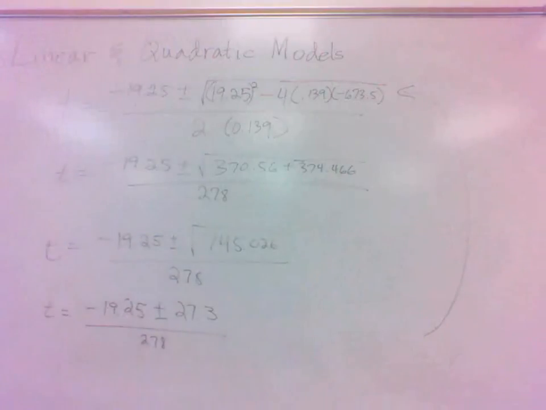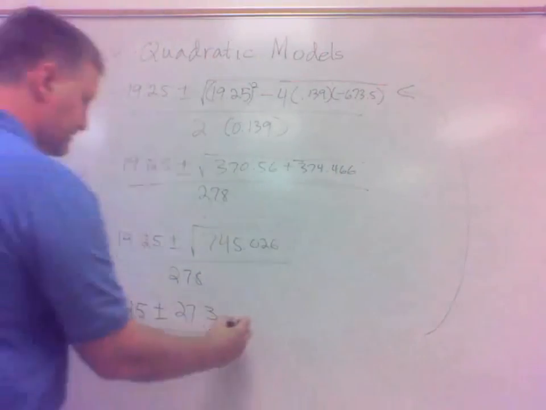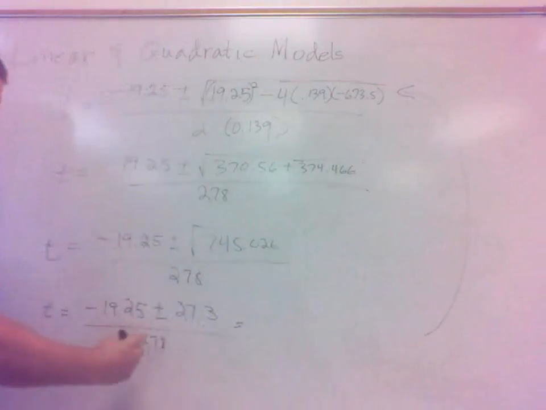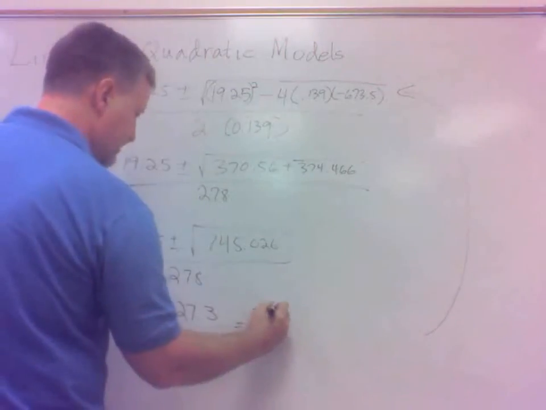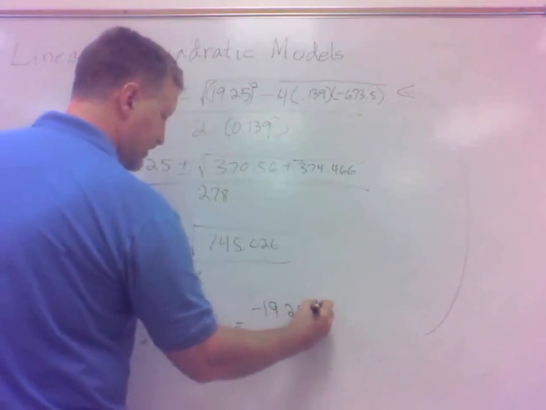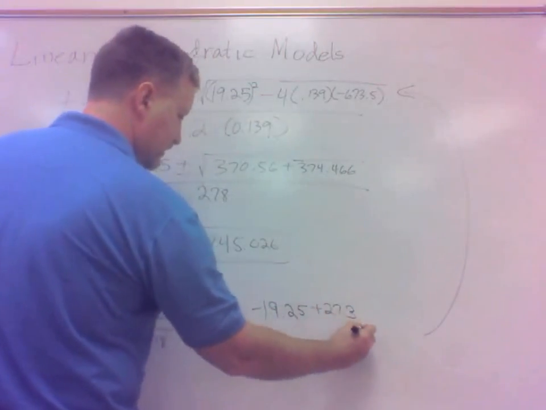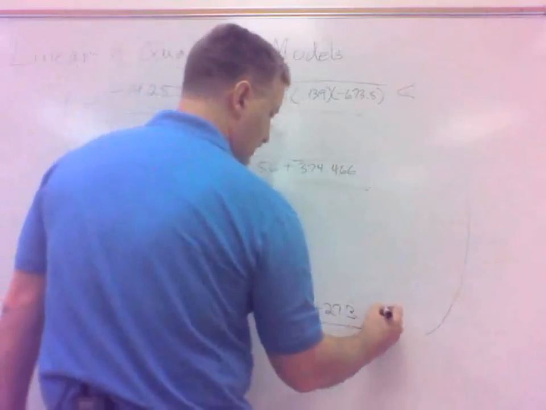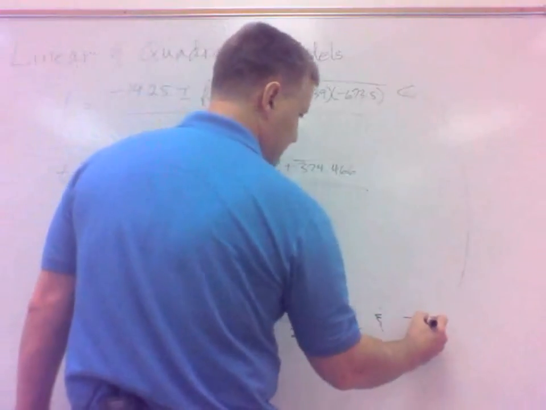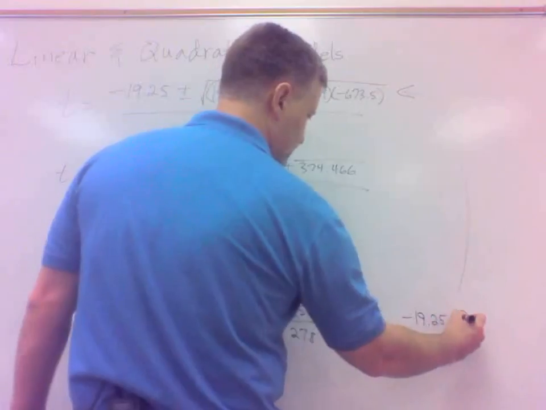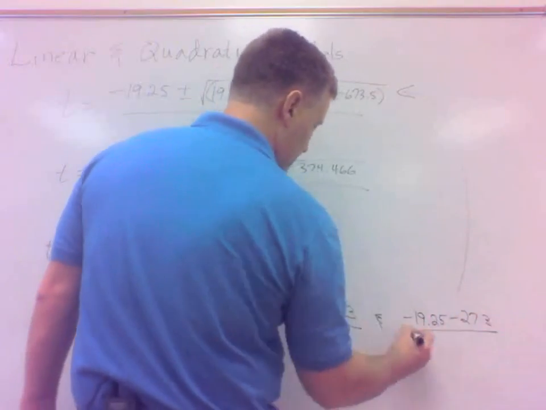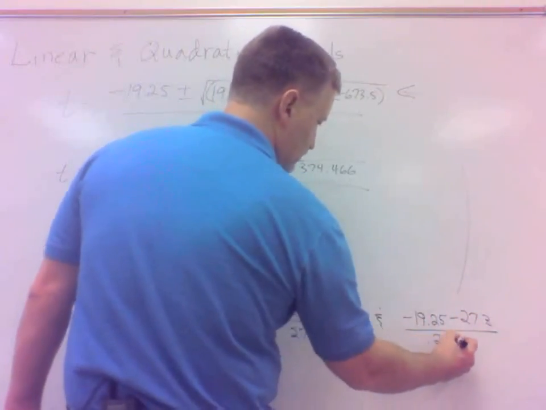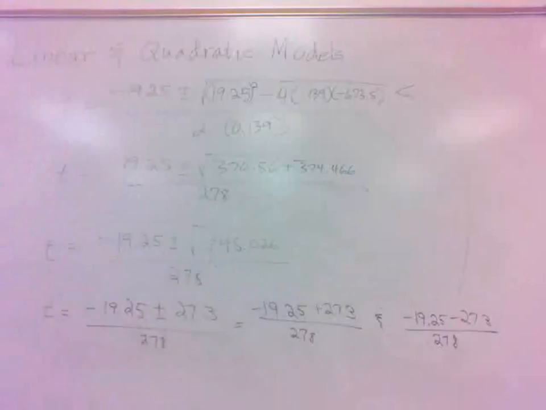Again, therein is the answer, but it's not entirely clear. Let's divide it up. It's negative 19.25 plus 27.3 divided by 0.278, and also negative 19.25 minus 27.3 divided by 0.278.